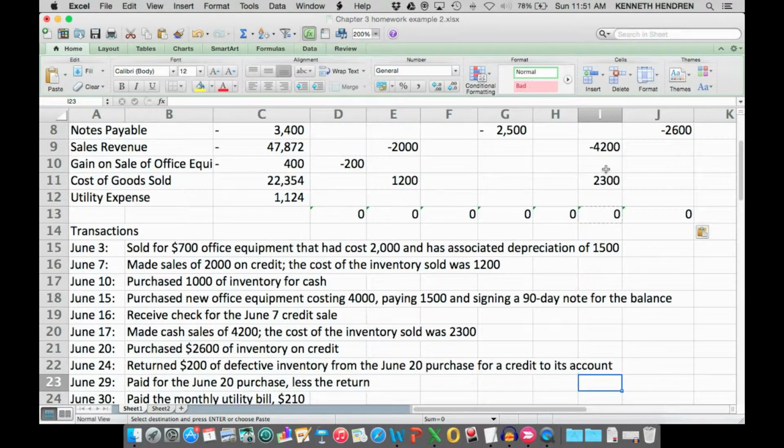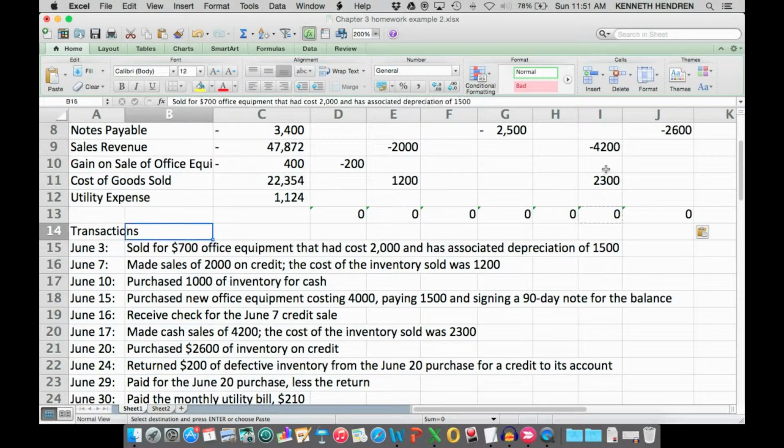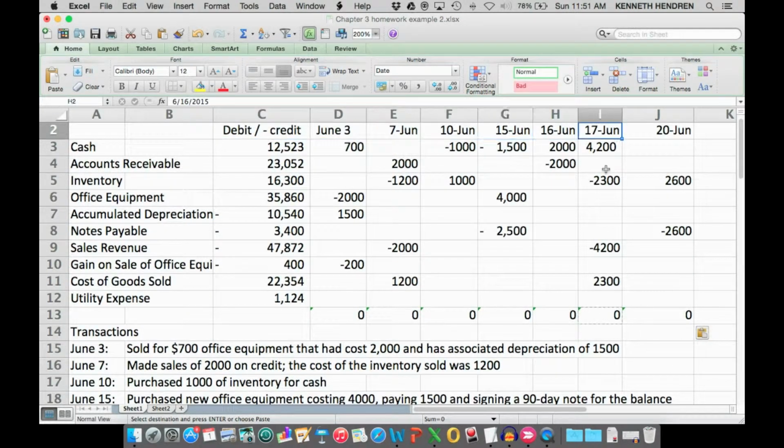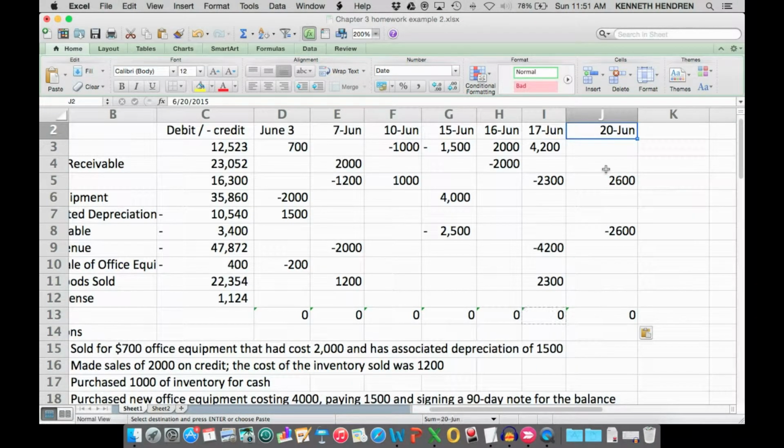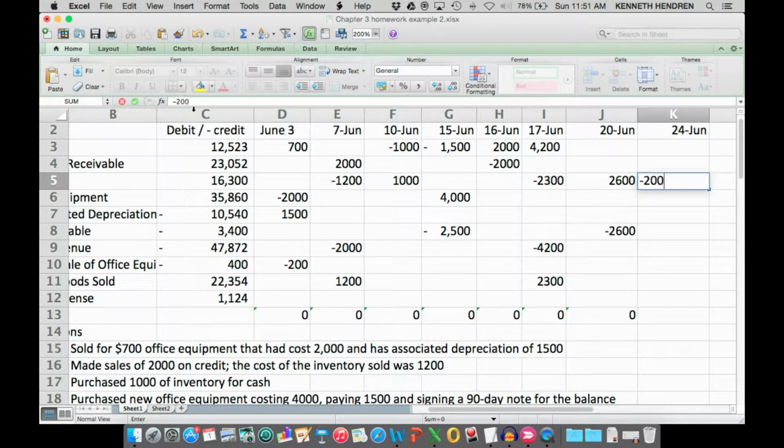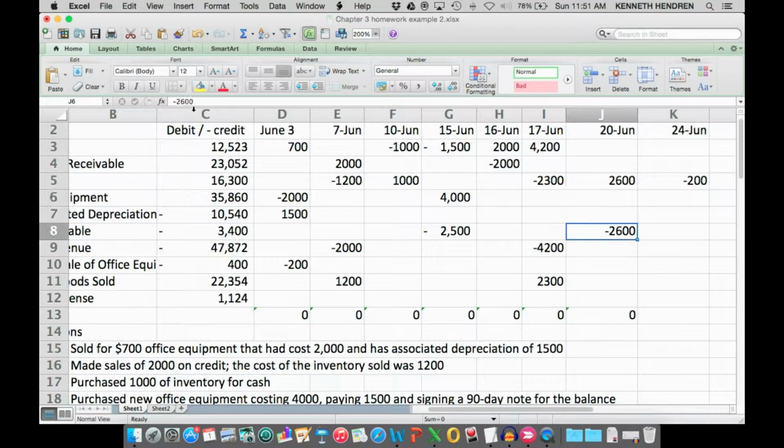June 24th, returned $200 of the defective inventory from the June 20th purchase. So our inventory goes down by $200 because we returned it, and our payable goes down by $200 because we returned it.